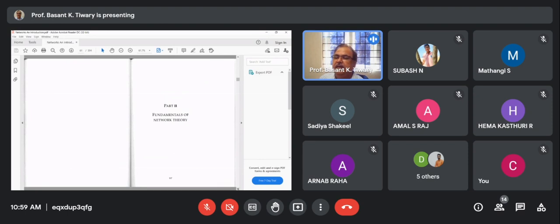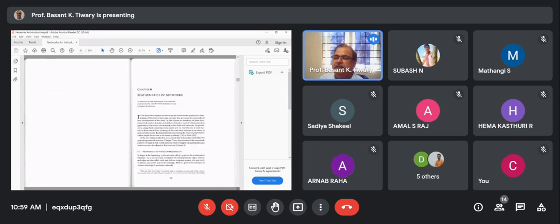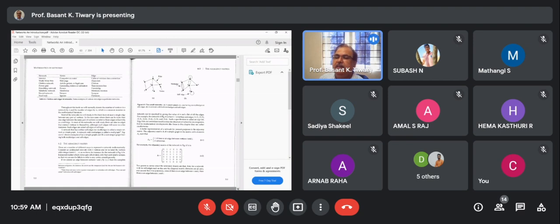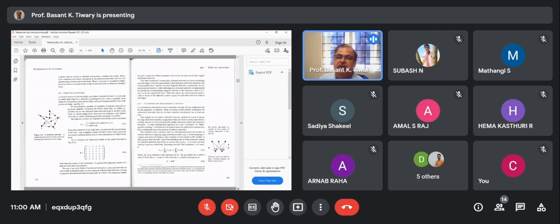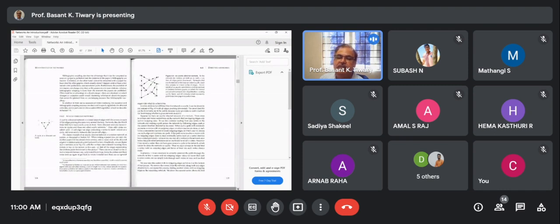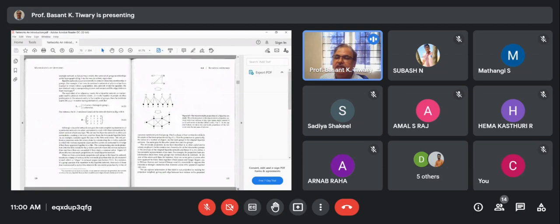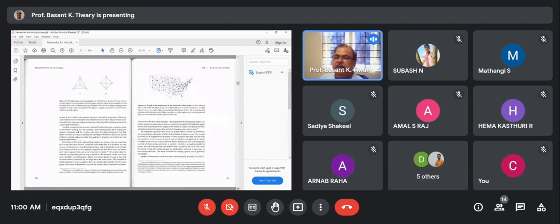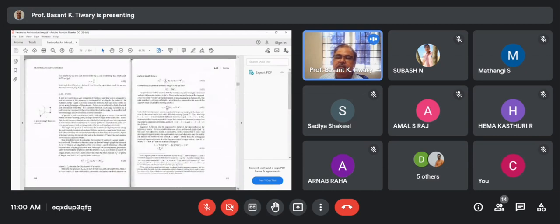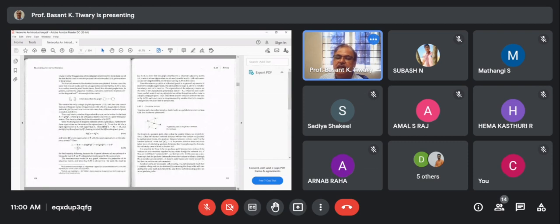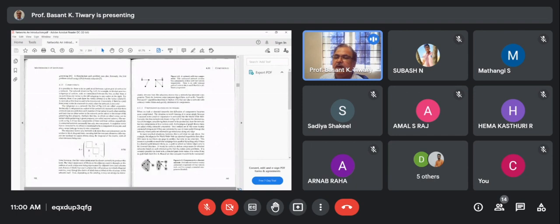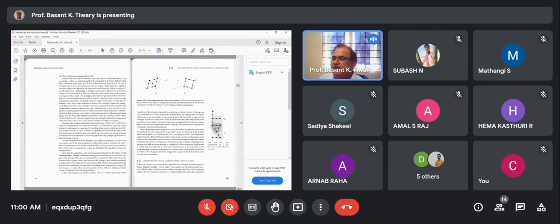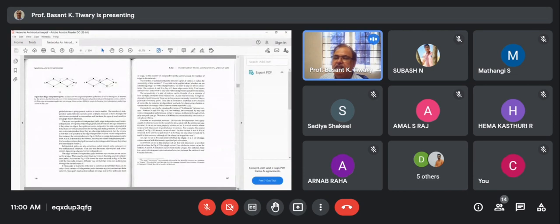And this book also has a very nice presentation of the adjacency matrix, network and weighted network, directed network, all the concepts. So you can read from here. He has explained in a very simple way: in-degree and out-degree, path, geodesic path, Eulerian and Hamiltonian path, different components of a directed network, independent paths, connectivity and cut sets.